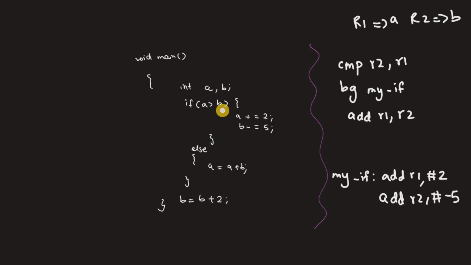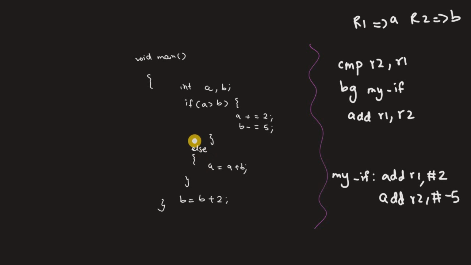Okay, so we have just done this and this, but we still have this left, right? If it doesn't go into the if, it's going to go into the else block, which is this one. Now if it goes in here, it's going to move on to the if, but we don't want this to happen.